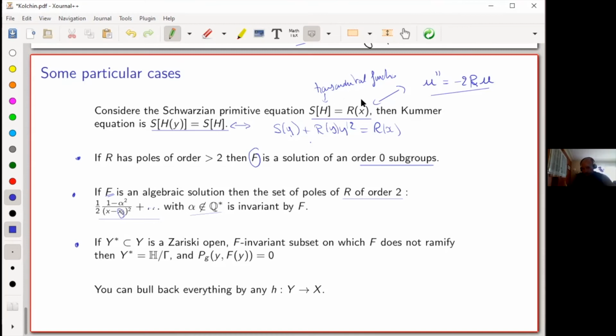And then the last thing: if you have a Zariski open subset of Y, if you start with R rational, then R is just a projective line, and this is a Zariski open subset.